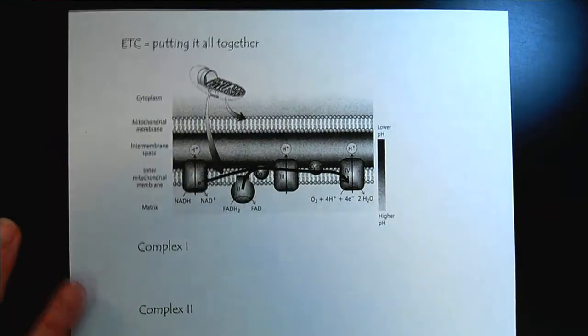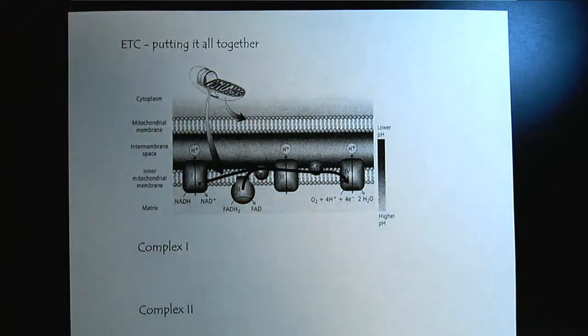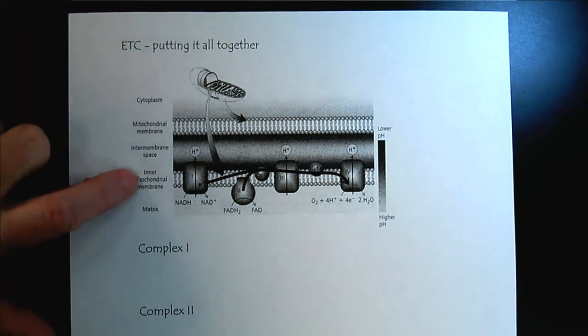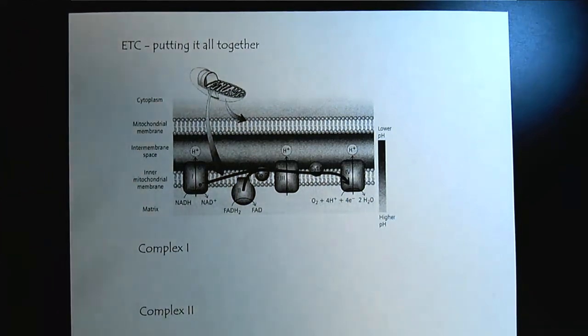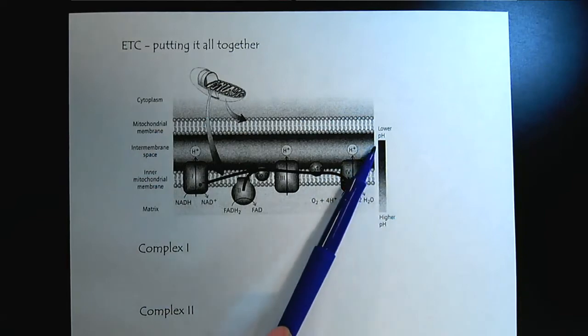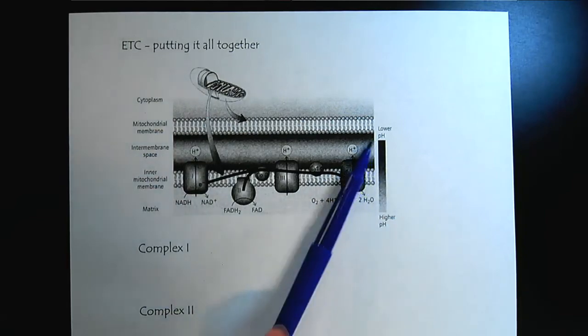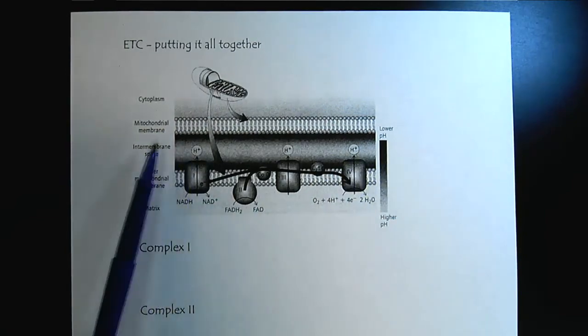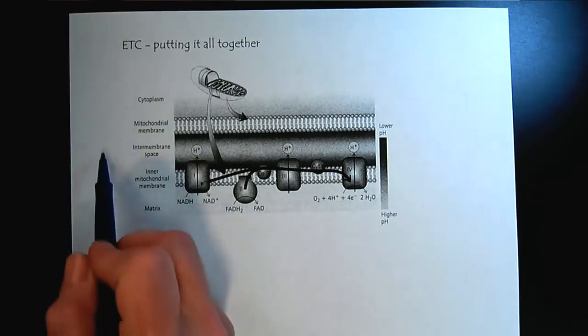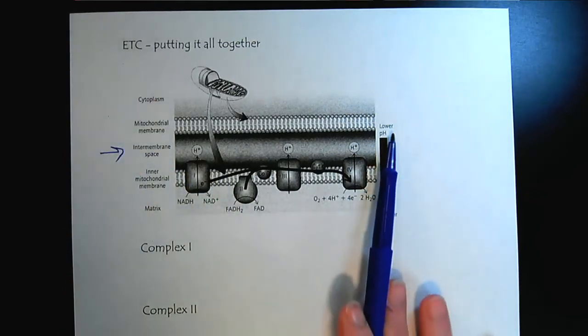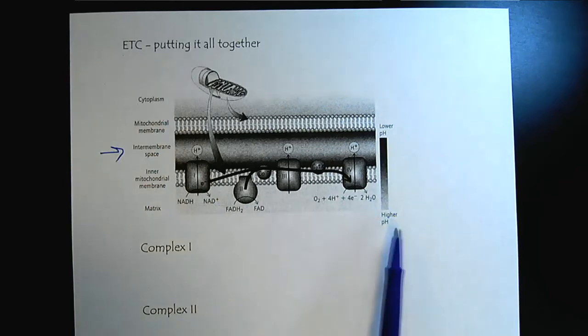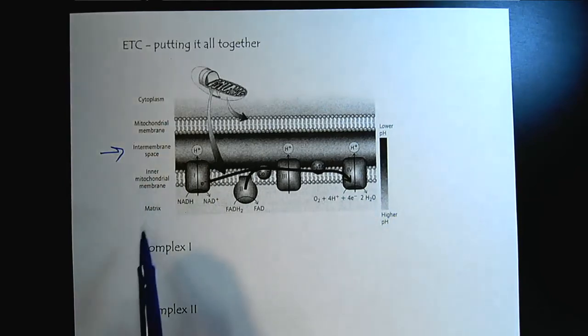Okay, so keeping in mind where this is all occurring, basically everything's happening on the inner mitochondrial membrane, in the matrix or the intermembrane space. And we have our potential gradient. Because the protons are pumped into the intermembrane space, it has the lower pH, and we have the higher pH in the matrix.